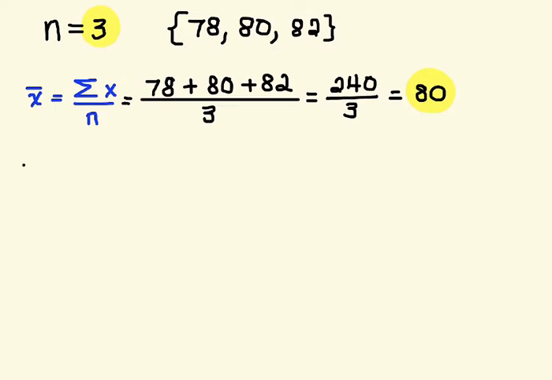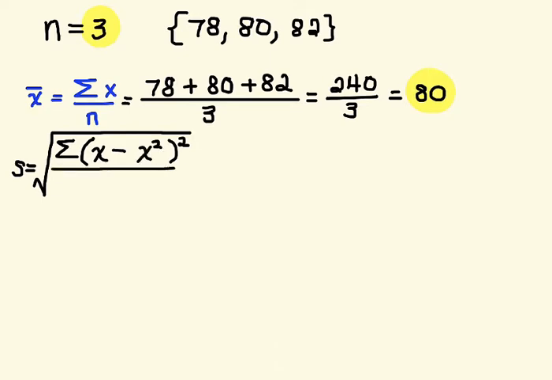Our standard deviation is equal to the square root of the sum of a set of values that are squared. This set of values are each one of our x values minus the average value, and then the entire thing under the radical, in the denominator of this fraction, is n minus 1.